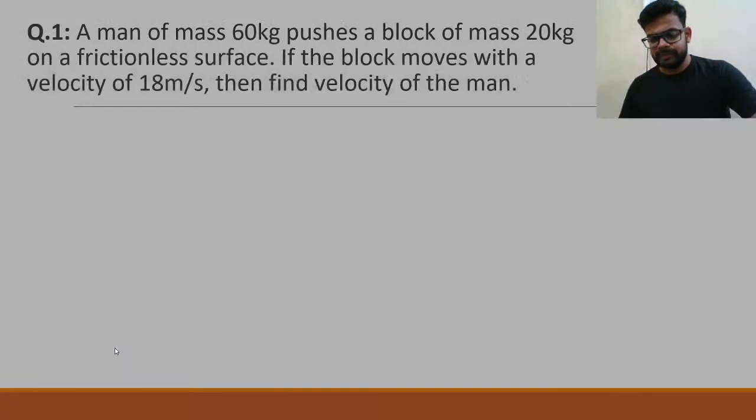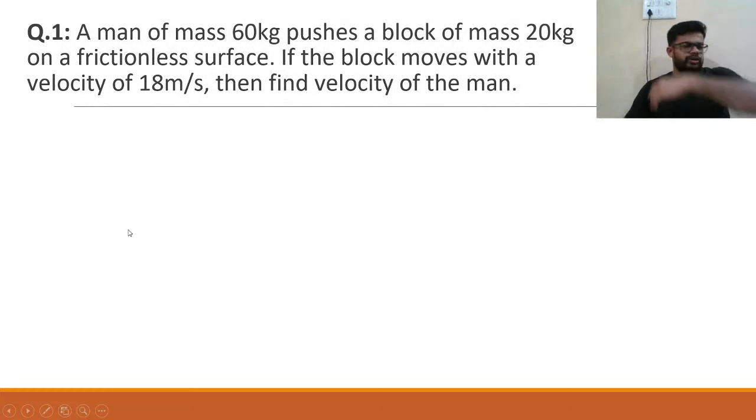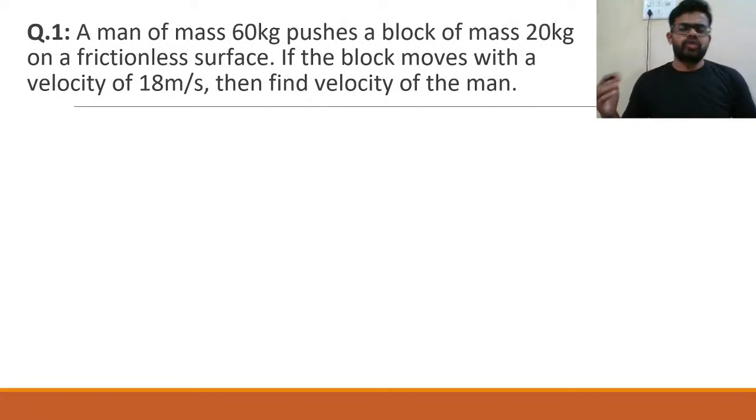So let's move on. Let us talk about question number one. We'll solve so many numericals, so many questions, and only then will you understand this. The question in front of you says that a man of mass 60 kg pushes a block of mass 20 kg on a frictionless surface. Let's say he is pushing with just a jerk.